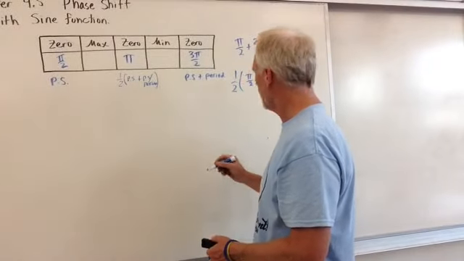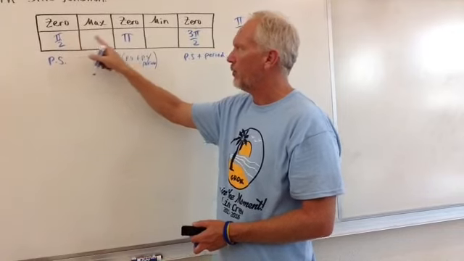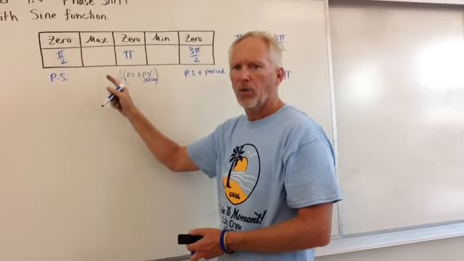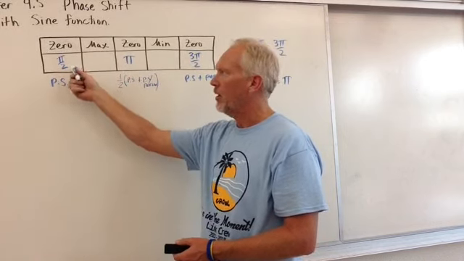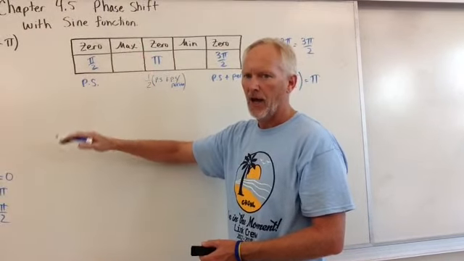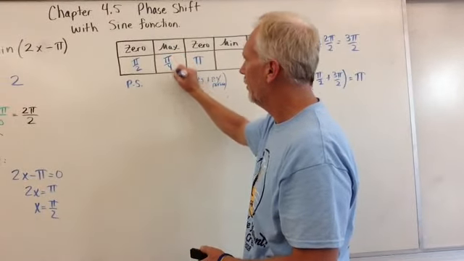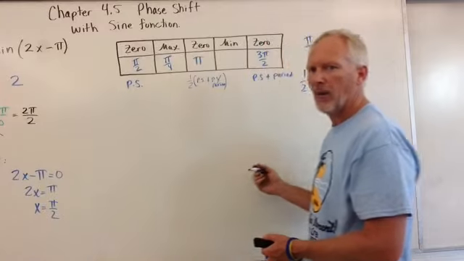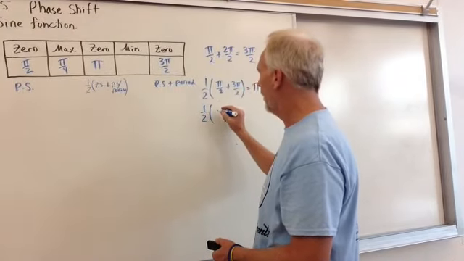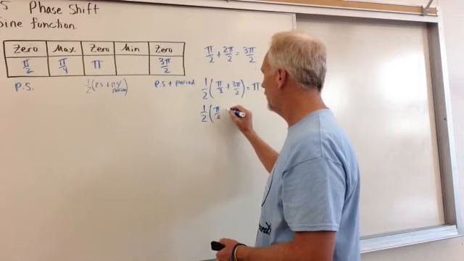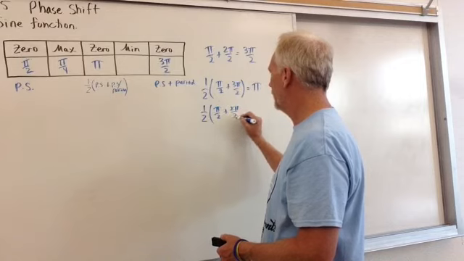Now, again, we're going to take half the distance between pi over 2 and pi. A good way to do this is look at your unit circle. What's halfway between pi over 2 and pi? We should get 3 pi over 4, right? But let's do it mathematically and make sure. Again, we can take 1/2 of pi over 2 plus 2 pi over 2.